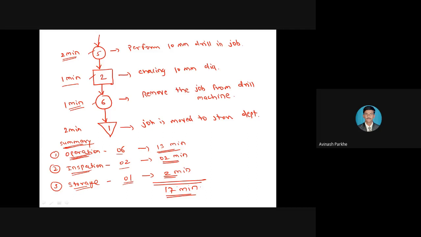And at the end, if I make the addition, I get the answer 17 minutes. That means whatever the 2 drilling operations I have performed on that job, from start to end, 17 minutes are required. So like that, you have to draw the operation process chart.